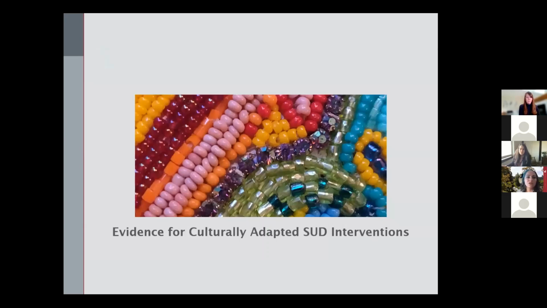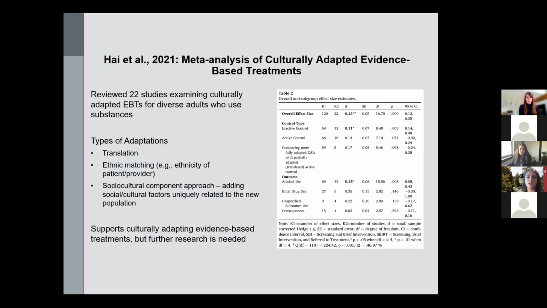Okay, so I wanted to talk a little bit about the evidence for culturally adapted SUD interventions. So here's a recent meta-analysis by Hai and colleagues. And they reviewed 22 studies. So they pulled the data from these studies and looked at the trends and the magnitude of the intervention's positive effects.